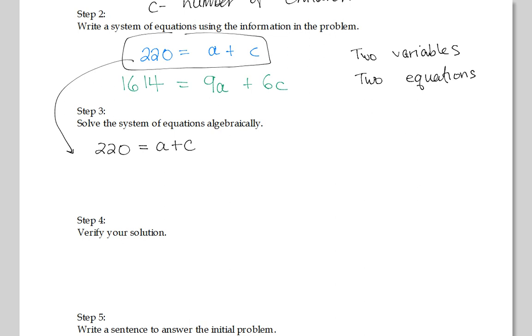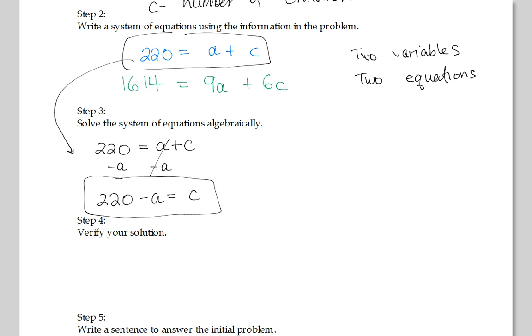Okay, how would we solve for C? Subtract what on both sides? Subtract A, and you have 220 take away A is C. So here's a formula for C. If I knew what A was, I could calculate C, no problem.